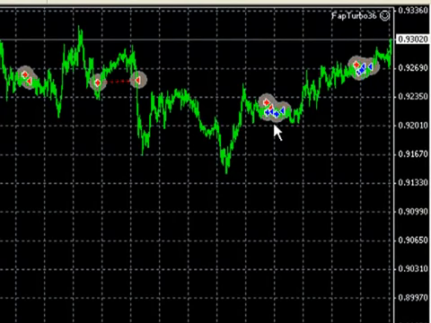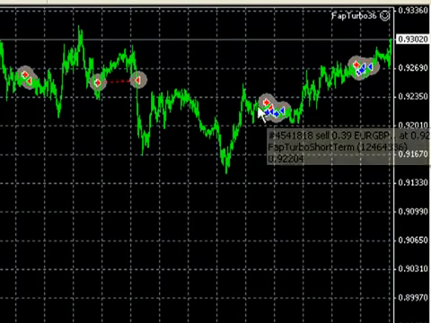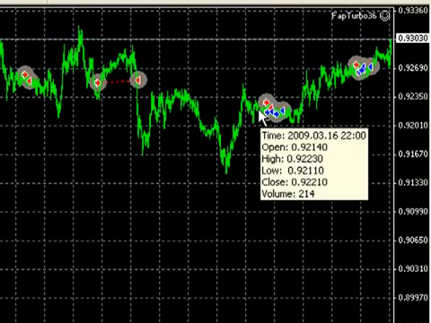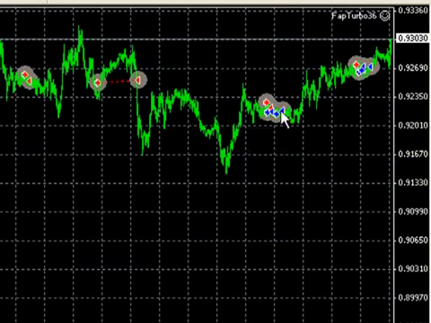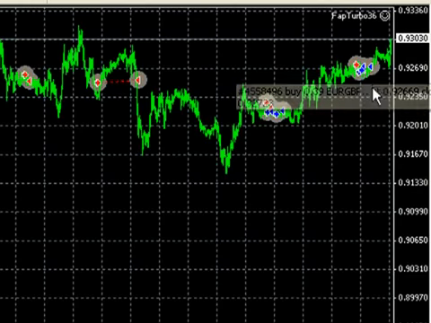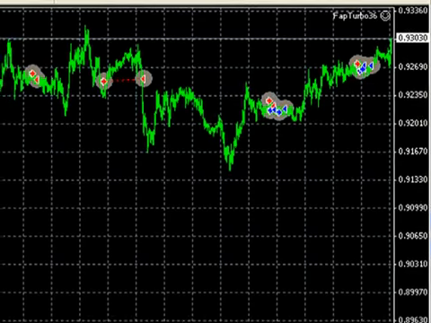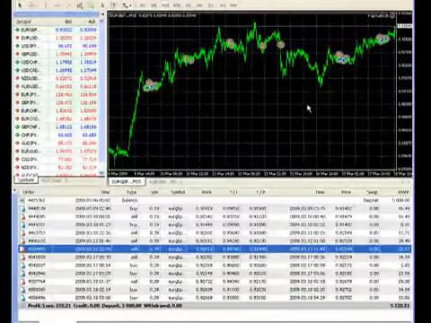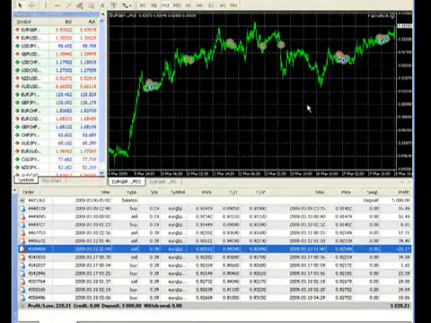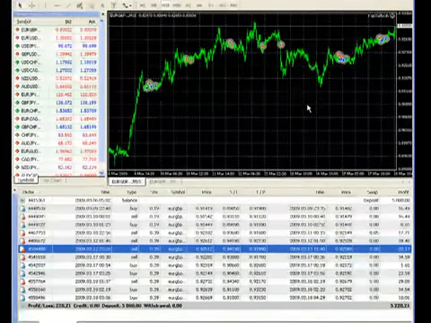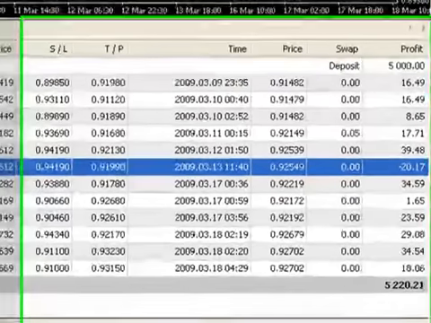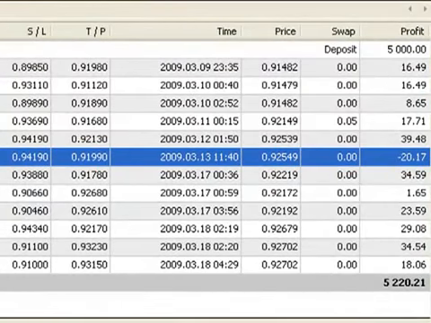Over here, we have our next set of trades, 3 trades that day. Again, in a range, all successful trades. Up here, mostly in a sideways range, all successful trades again. So this just shows that FAP Turbo in scalping mode works tremendously well. 11 of our last 12 trades were successful trades.